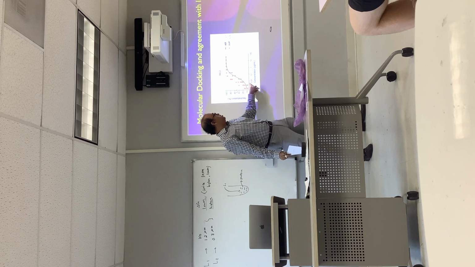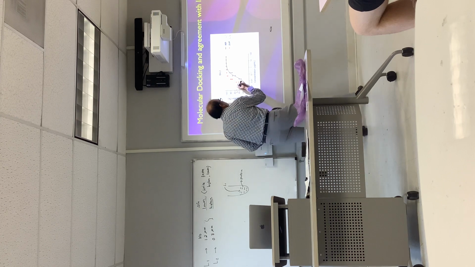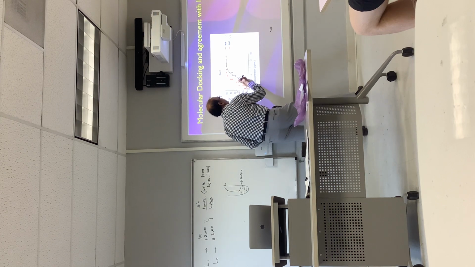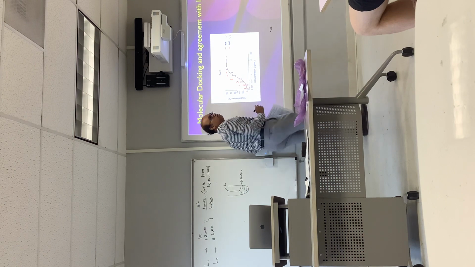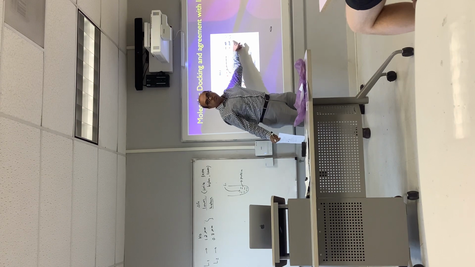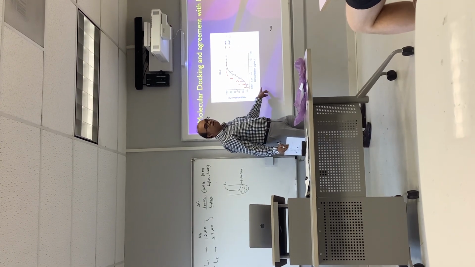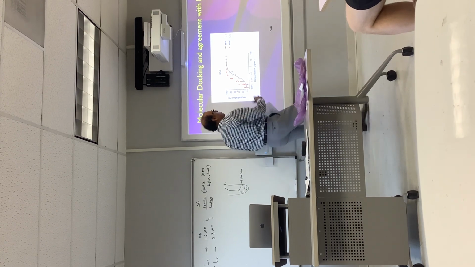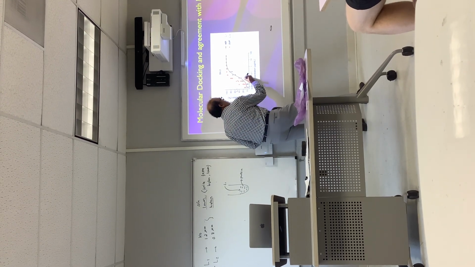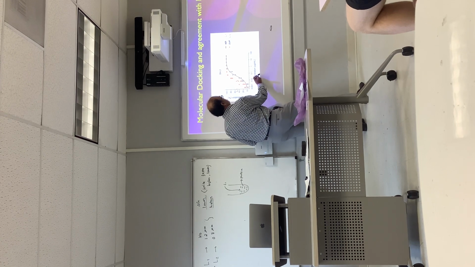You keep adding, and when you reach here, it corresponds to 50% here, right? So 50% neutralization for ligand 2. What is the corresponding concentration? The corresponding concentration is here, right? What is it? Maybe 0.02.